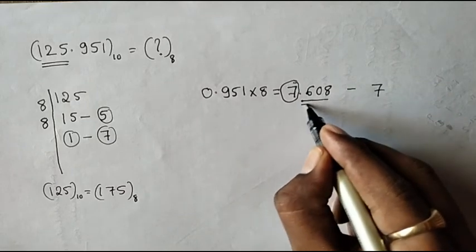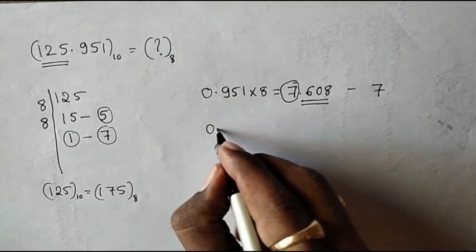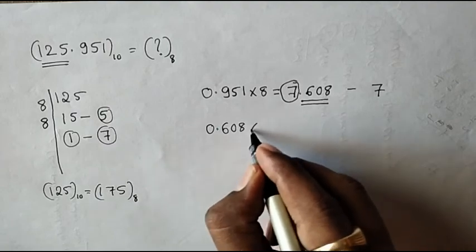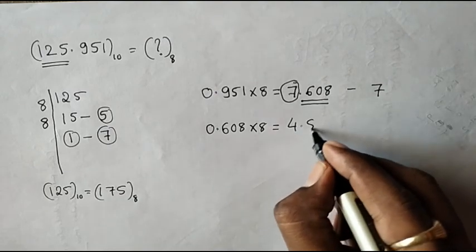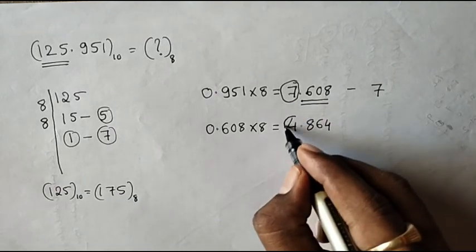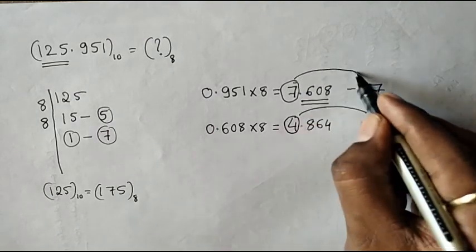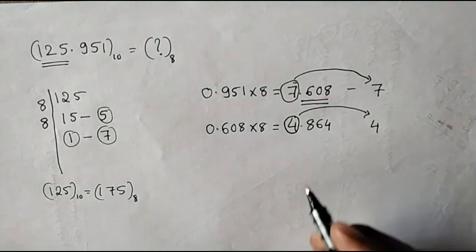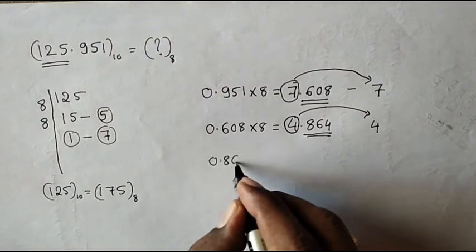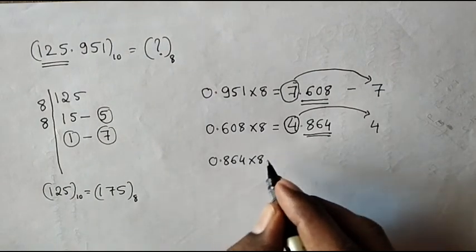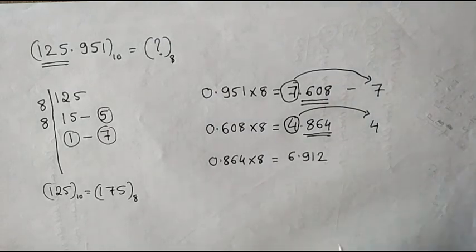Now consider only fraction part, that is 0.608. Again multiply by 8, we will get 4.864. Now consider only the whole number, that is 4. Now consider the fraction number, that is 0.864, multiply it by 8, we will get 6.912.